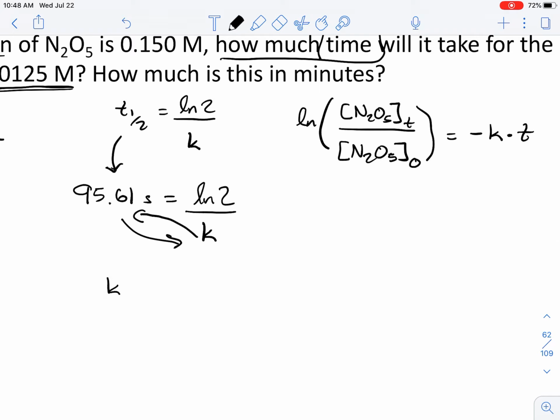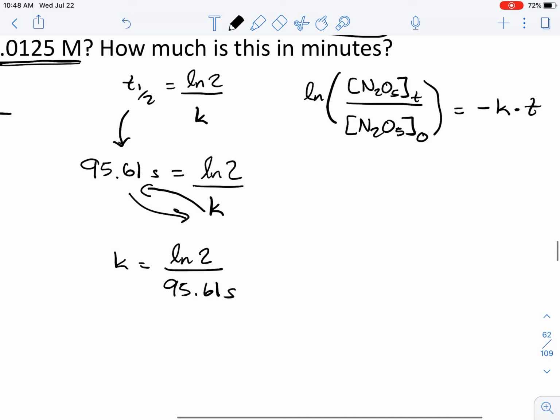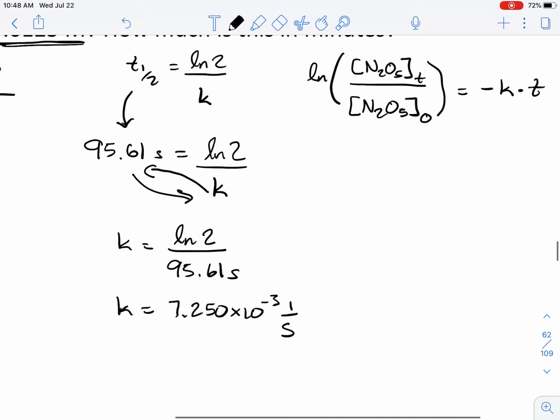And so the rate constant K is equal to the natural log of 2 over 95.61 seconds. If I plug that into my calculator, I'm going to get 7.250 times 10 to the negative 3, 1 per second. Okay? And the reason why it's 1 per second is because second is in the denominator.